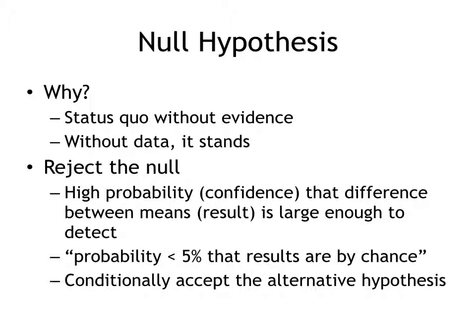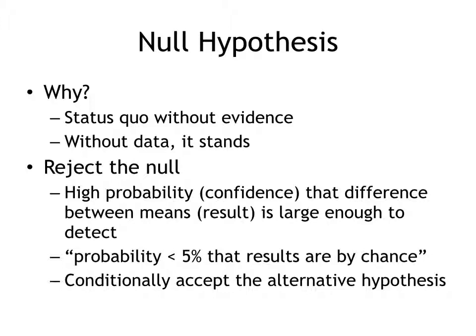So obviously, when we work with inferential statistics, we're trying to reject the null, and we're trying to come up with a really high probability or confidence that the difference in the means is first of all large enough to detect, and that the probability is really small that the results are by chance. And you will see statements like the probability is less than 5% that the results are by chance.